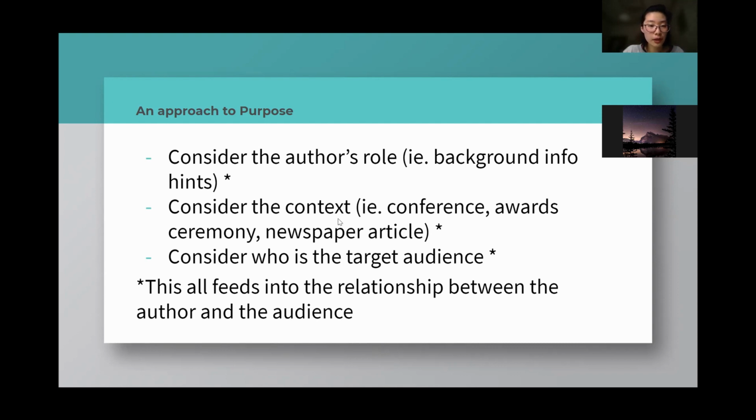So whether it is happening in a conference, whether it's at an award ceremony, or if it's just published in a newspaper article for the local community to read, or a broader community. And then we have to consider who is the target audience. And then essentially these all feed into what we describe as the relationship between the author and the audience.